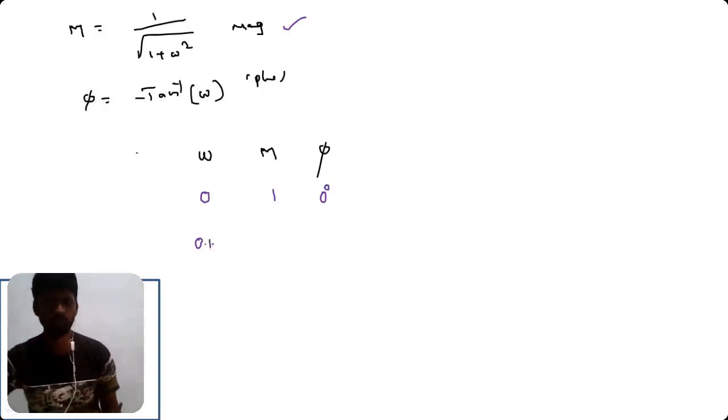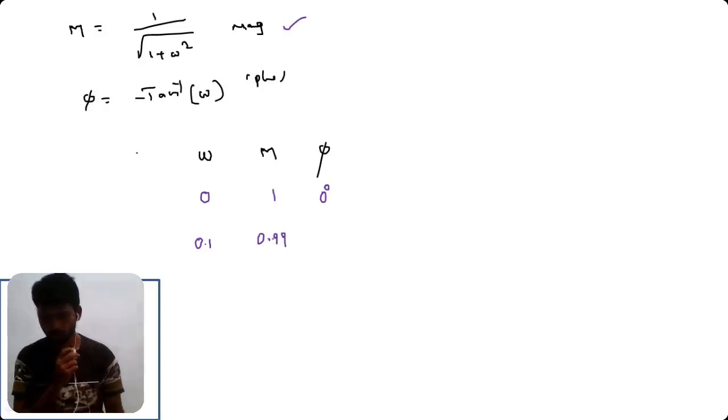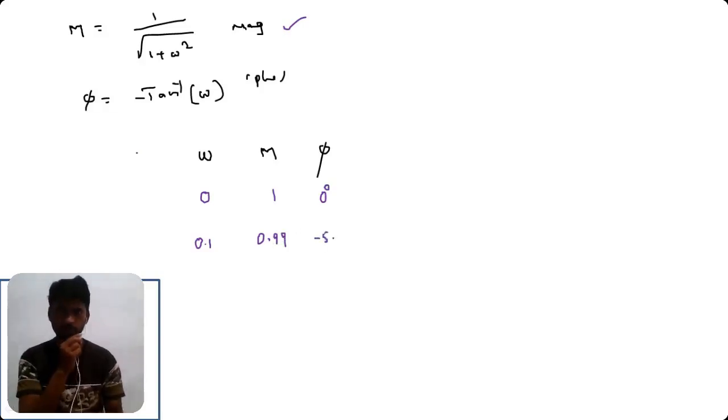If omega equals 0.1, then the magnitude value will be 1 by under root of 1 plus 0.1 whole square, so it is 0.99, and the phase will be minus tan inverse of 0.1, so it is minus 5.7 degrees. Now I am changing the frequency from 0.1 to 0.5.